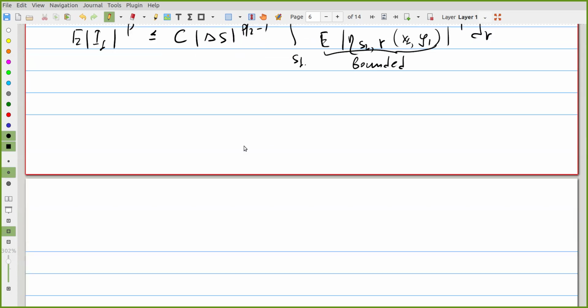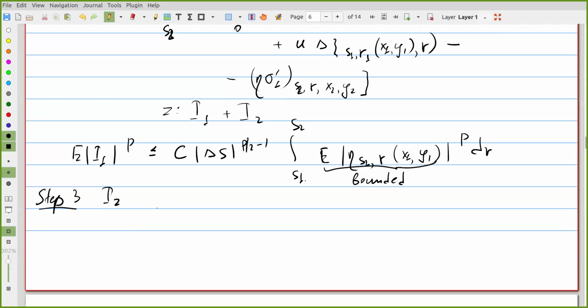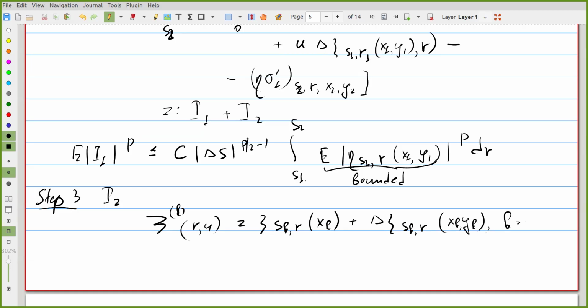Here for I2, we need a bit of work, which is step 3, I2. So let us introduce zeta k, r of u. This is this expression. And delta of r is just this difference.